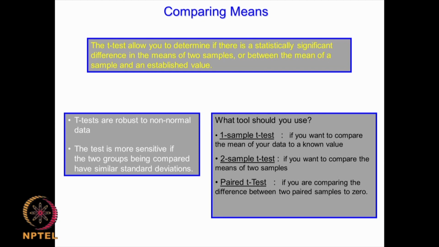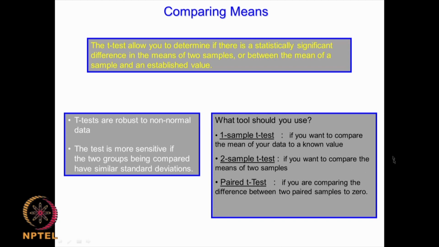The difference should be 0 if there is no difference between drug A and drug B. If there is a statistically significant difference away from 0, then I can say drug A is different from drug B, because I have used the same volunteer cats, testing drug A and seeing some performance change, then testing drug B and seeing some performance change. If drug A and drug B are the same, the difference in performance change we observe should be equal to 0. That is called the paired t-test. We are going to look at examples of each one of them, so do not worry about that.